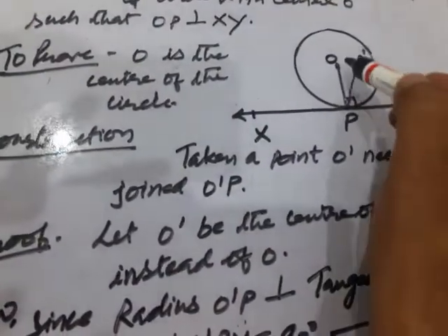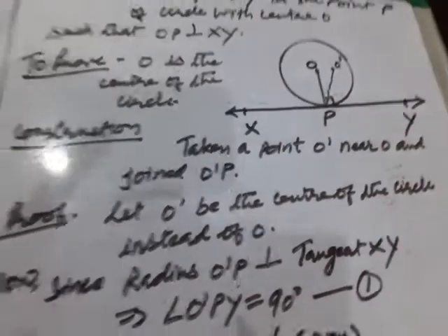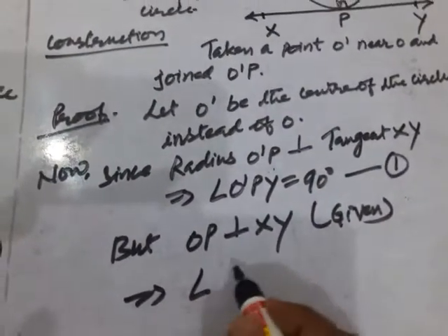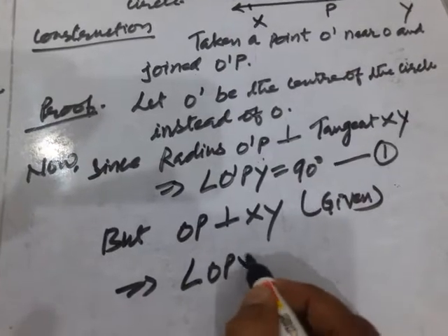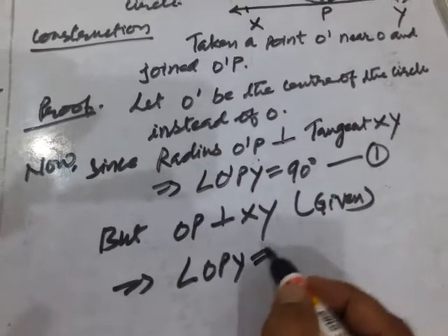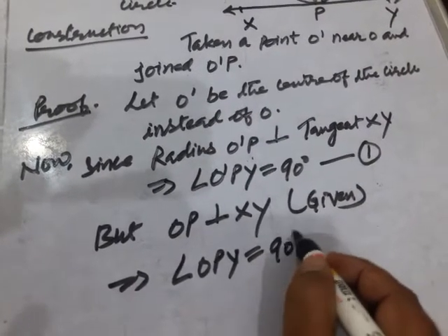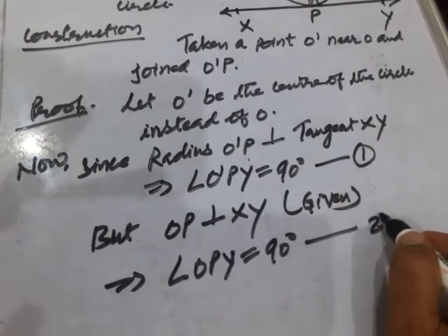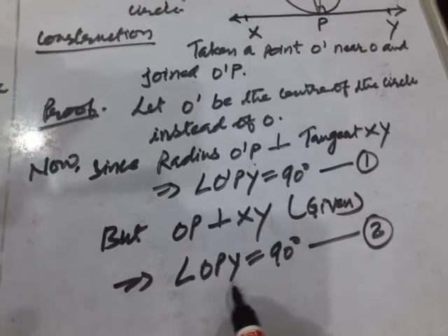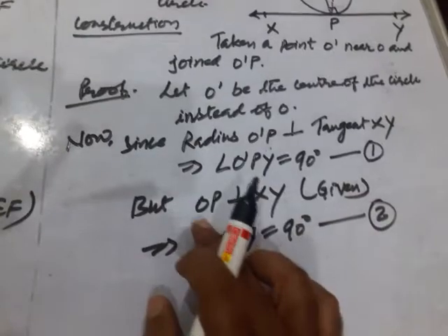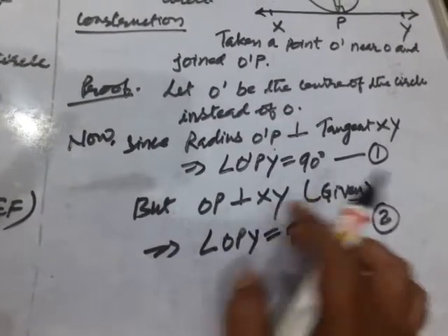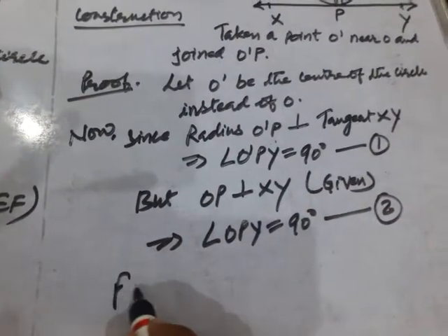What does it mean? It means that angle OPY is 90 degrees. This is equation number 2. Okay, right children? Why? Because OP is perpendicular to XY. That is given.